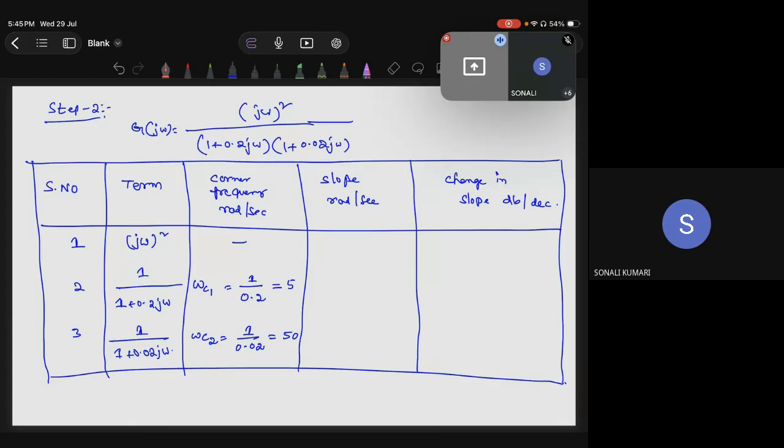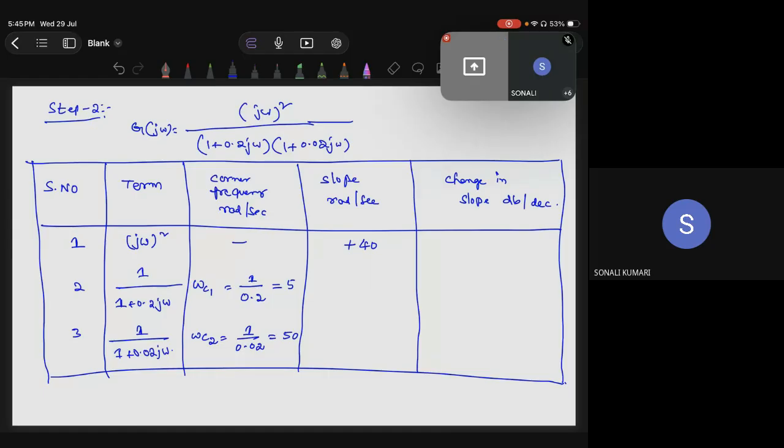Is this clear? Any doubt? Next, slope. Whenever you have a zero, it will give you plus 20 slope. Here you have 2 zeros, so plus 20 and plus 20 will be plus 40. How it is plus 20, please watch the video, you'll understand from that.